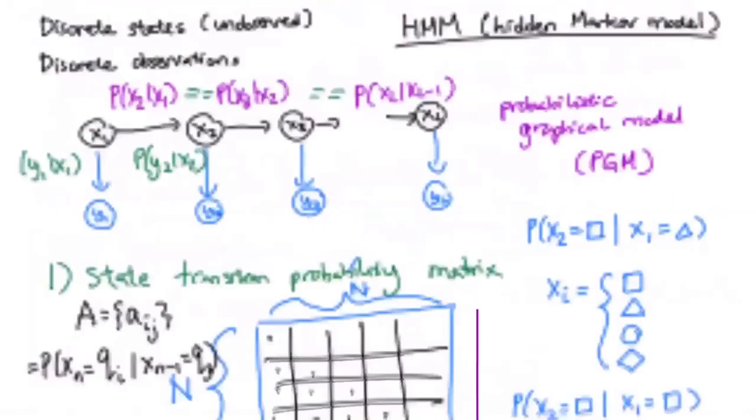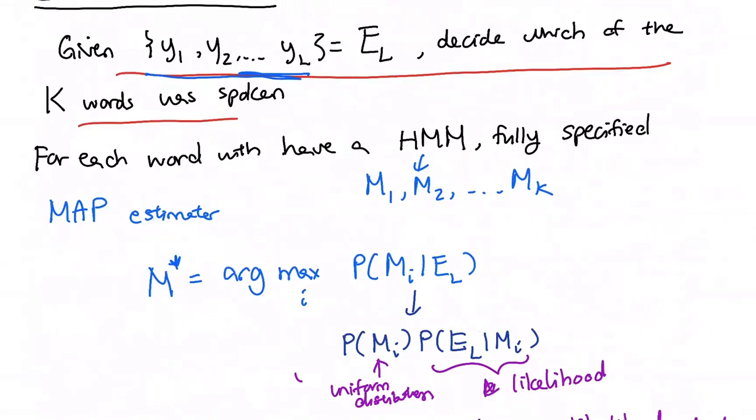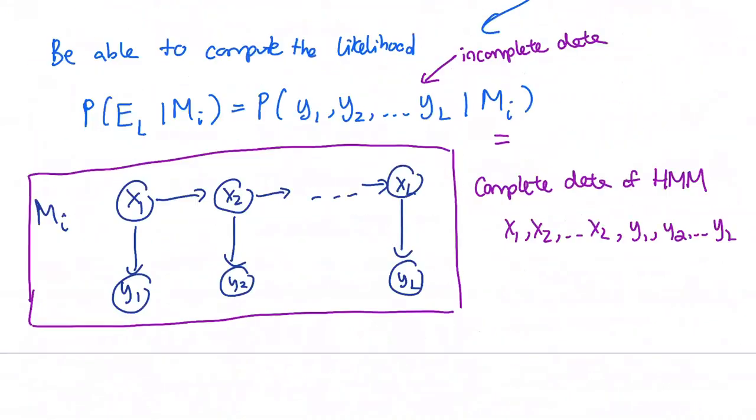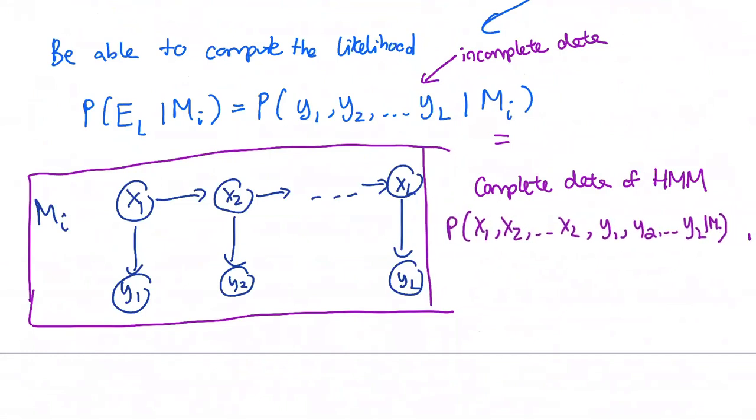Again, the complete data is all the states given the observation for a particular model, right? So what do I have to do to the complete data set in order to get this thing, which is what I need in order to decide which word was spoken?